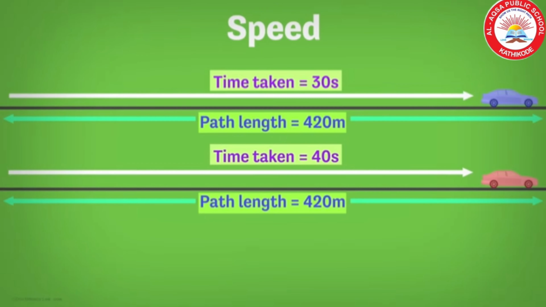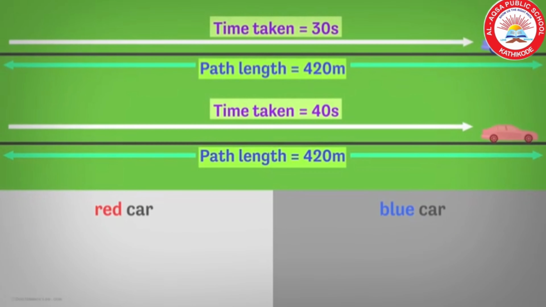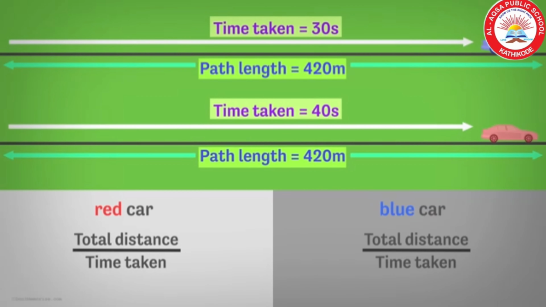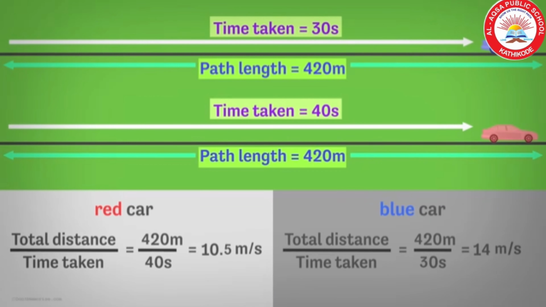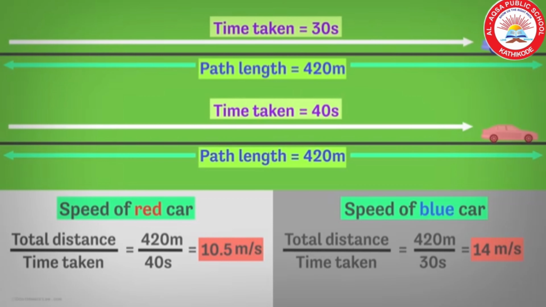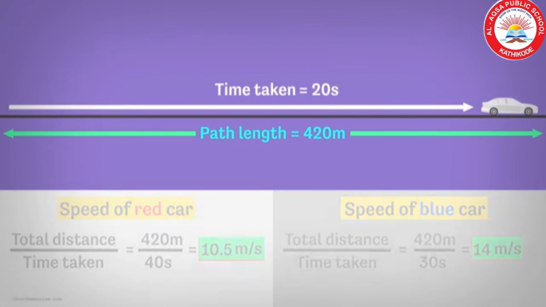The path length of both cars is 420 meters. So how can we calculate the speed? Speed is total distance by time. For the red car, that means 420 meters by 40 seconds, which is 10.5 meters per second. For the blue car, it is 420 meters by 30 seconds, that means 14 meters per second.